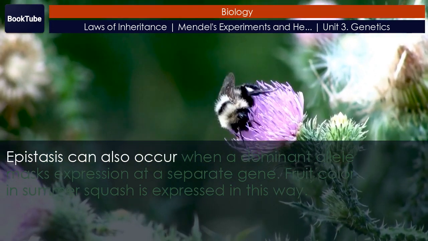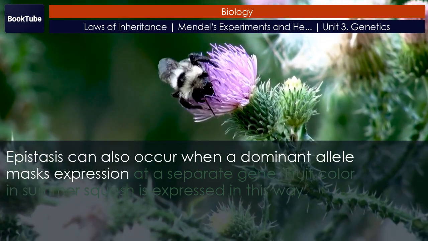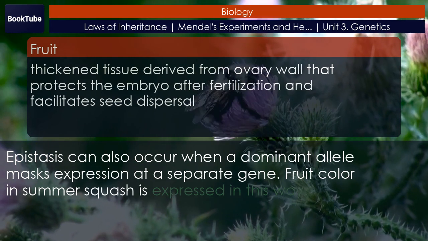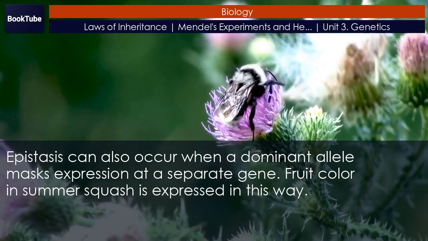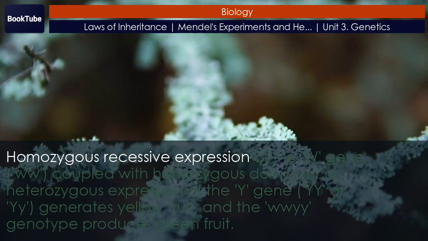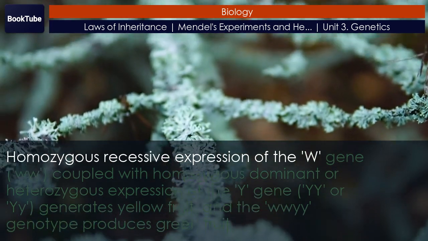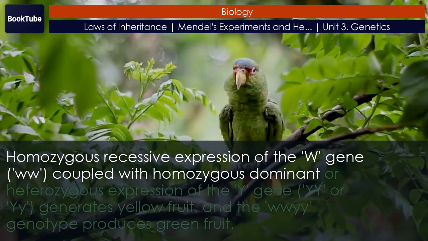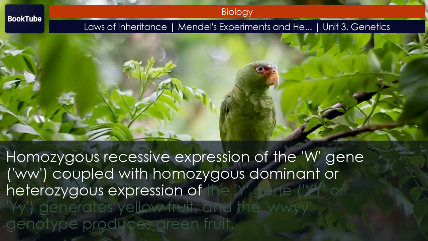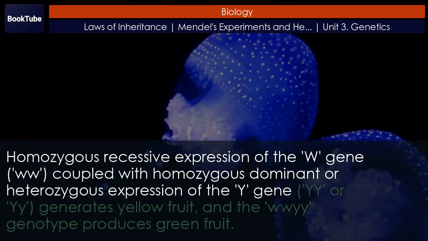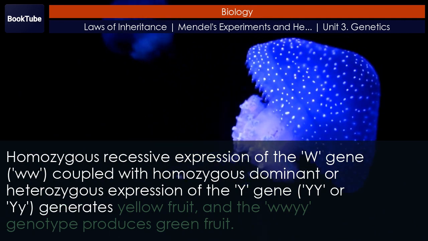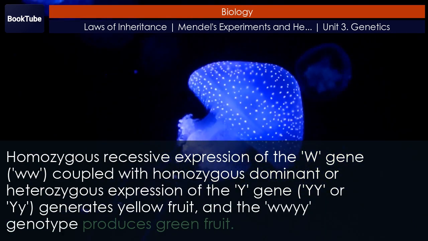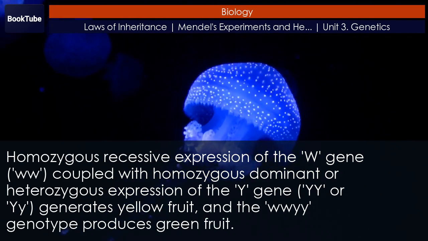Epistasis can also occur when a dominant allele masks expression at a separate gene. Fruit color in summer squash is expressed in this way. Homozygous recessive expression of the W gene, ww, coupled with homozygous dominant or heterozygous expression of the Y gene, YY or Yy, generates yellow fruit, and the wwyy genotype produces green fruit.